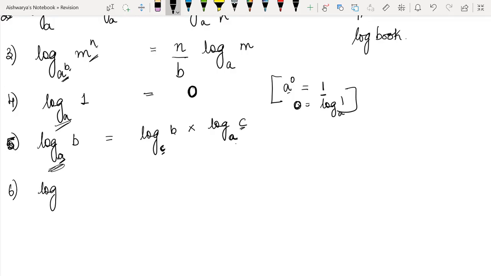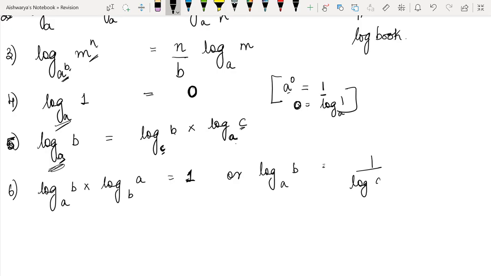Then you can also remember something like this. Log b base a into log a base b is equal to 1. Or we can write it as log b base a is equal to 1 upon log a base b. Okay, this is one.